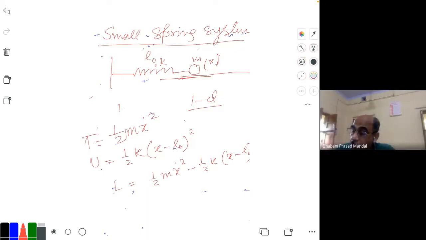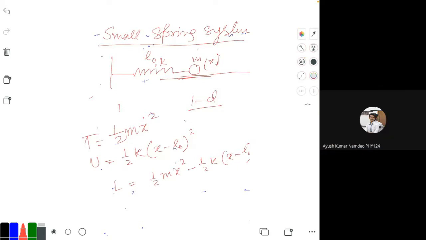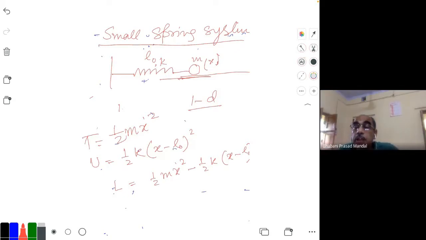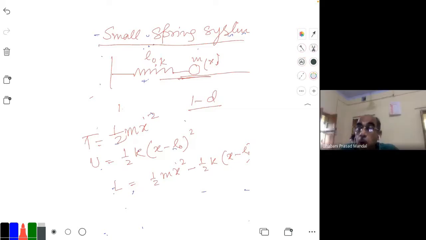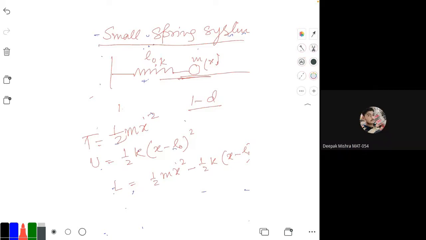Avinash, 192. Then Ayush Kumar Namdev. Sir, 124. 124. Diksha, 169. Deepak, 054. Yes, sir.